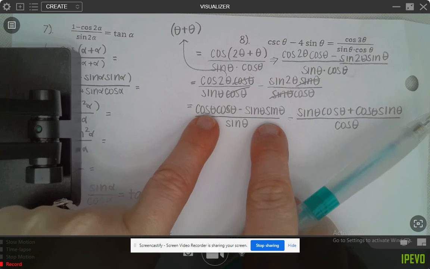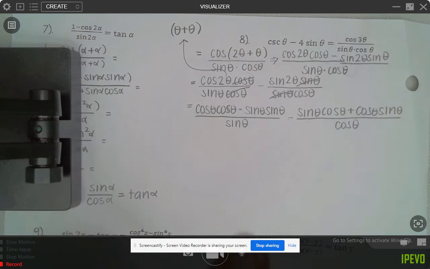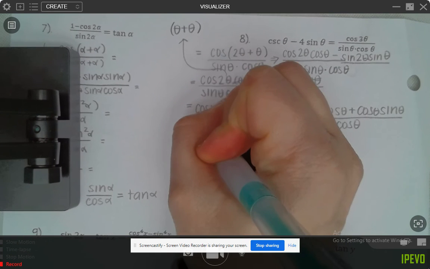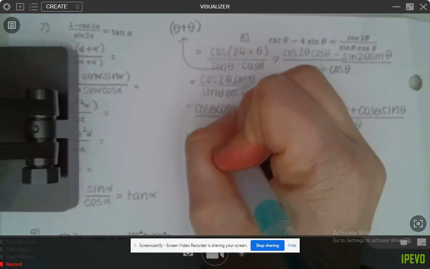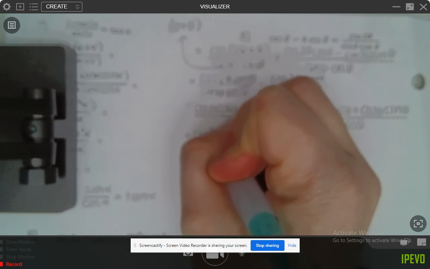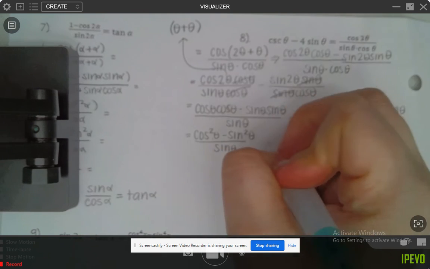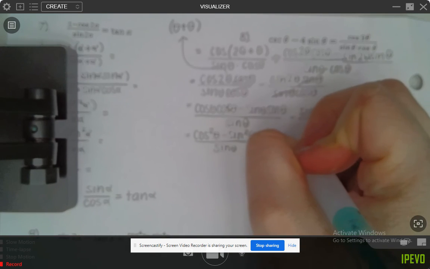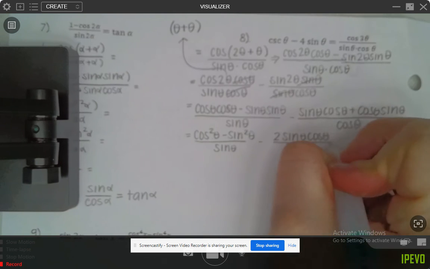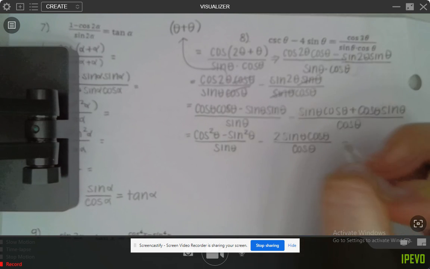Can I rewrite this somehow? As what? Yeah, cosine squared minus sine squared, right? So I can have cosine squared of theta minus sine squared of theta over sine of theta minus 2 sine of theta cosine of theta divided by cosine of theta.